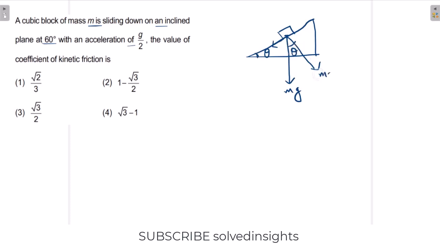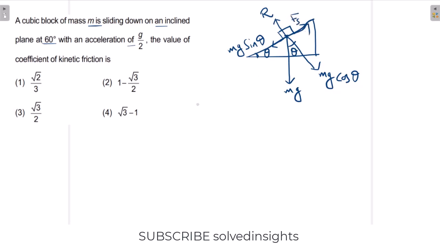So, in this direction, the component of mg is mg cos theta, and along the inclination it is mg sin theta, and in the upward direction the normal reaction acts, that is normal reaction R. So, R is equal to mg cos theta, and the friction will act against the motion of the body, that is Fs.